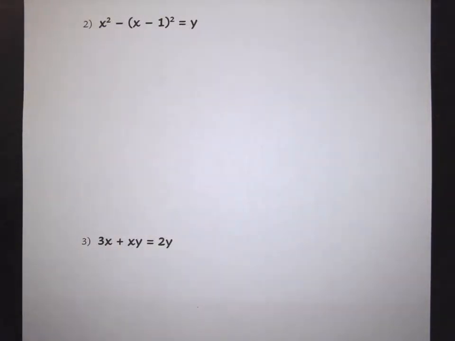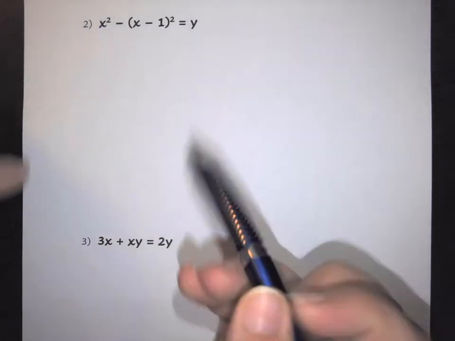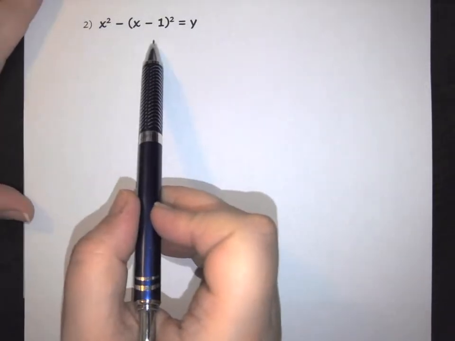Here we're going to look at two examples on how to identify an equation as a linear equation. So the first thing we have to do is not make any assumptions.